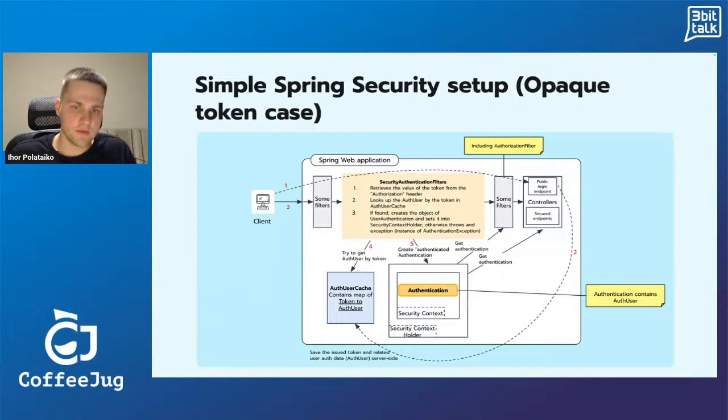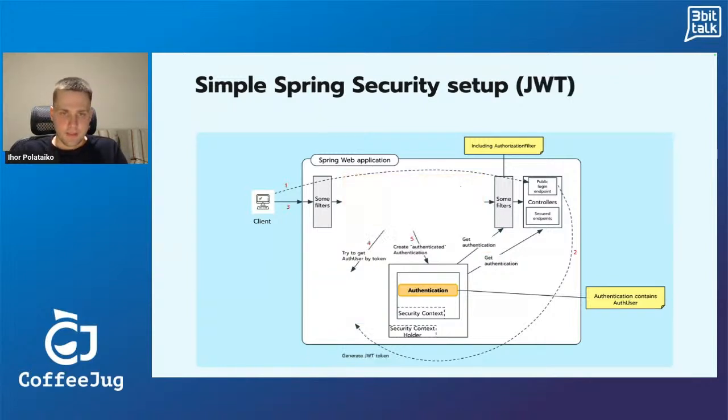If the user is found, it would create the object of authentication. It should be authenticated authentication, and it would set it into the security context holder. Otherwise, it will throw authentication exception. And then all the other parts of Spring Security within this request will be able to leverage authentication, and also your controllers and everything else would be able to leverage this authentication as well.